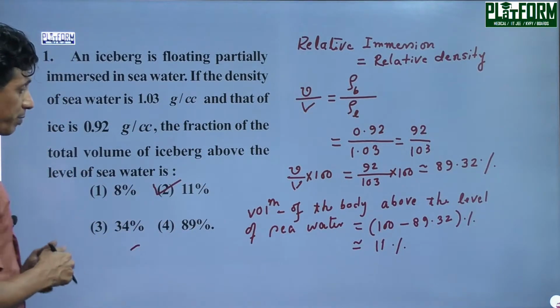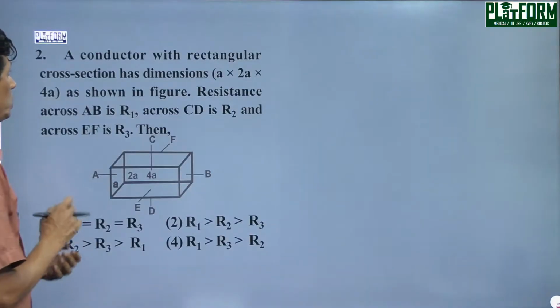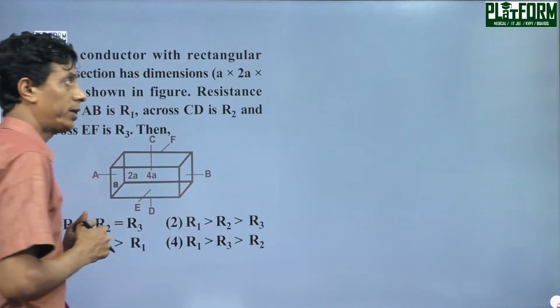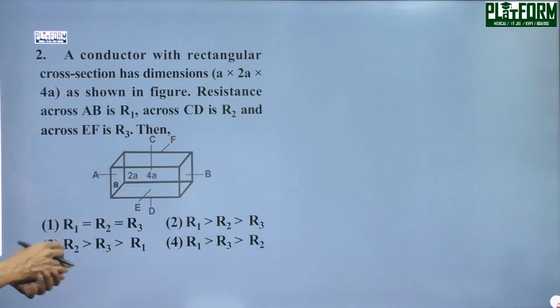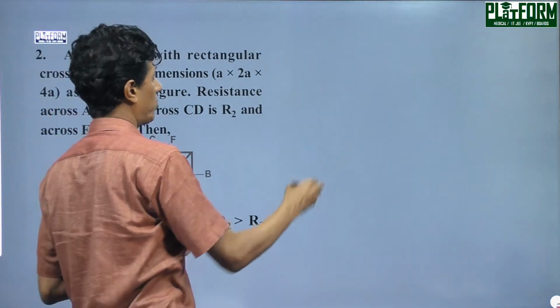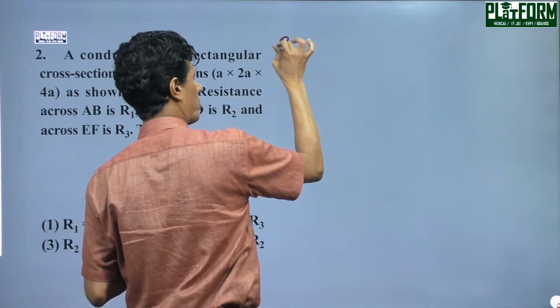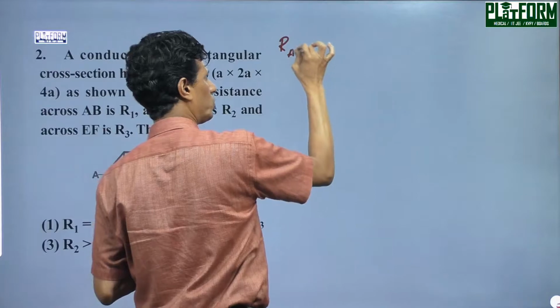Moving on to the next problem of this session. Question number 2: a conductor with rectangular cross section has dimension A into 2A into 4A as shown in figure. Resistance across AB equal to R1.